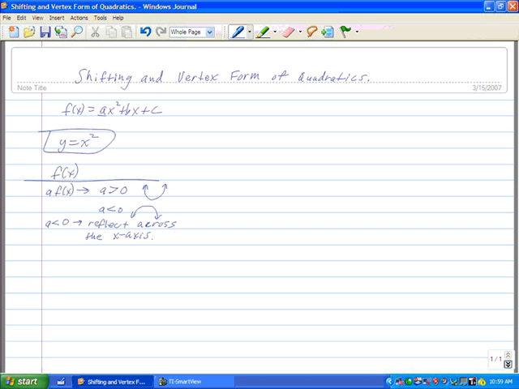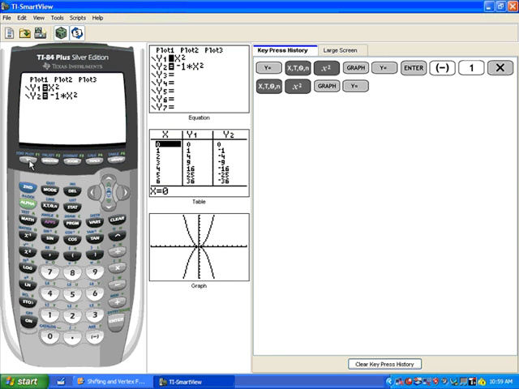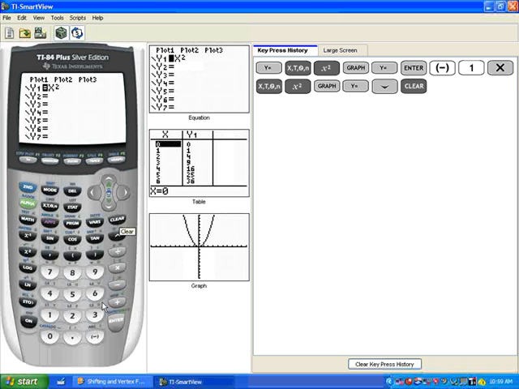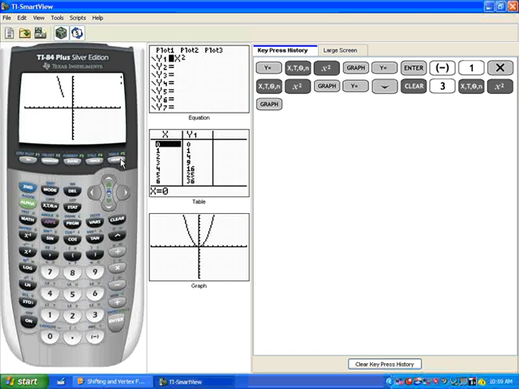Now, as far as the a is concerned that you multiply by on the outside, there's actually more that we can do with this. If we go back, get rid of the second graph, and go with a different a value, say maybe a 3x squared instead, then what we see happening is the graph is going to become much thinner.